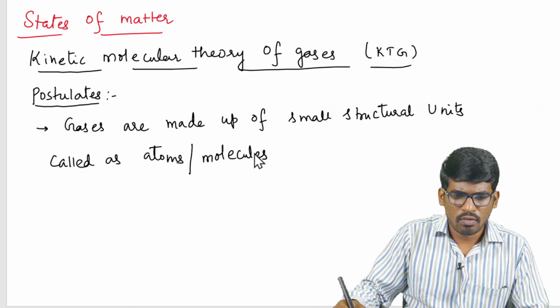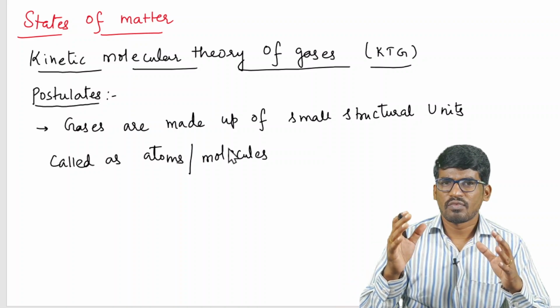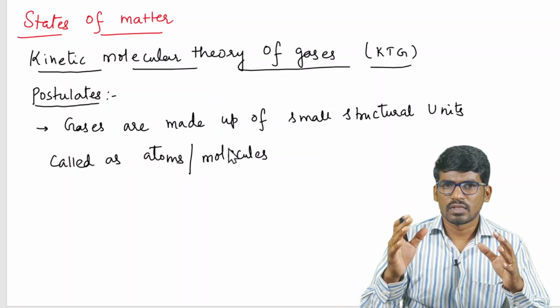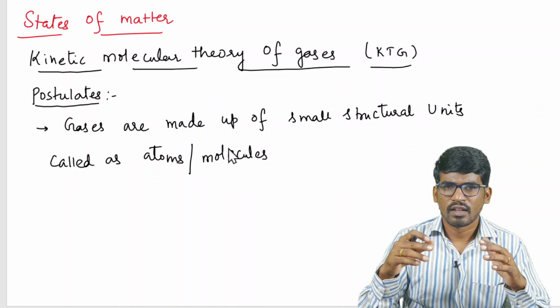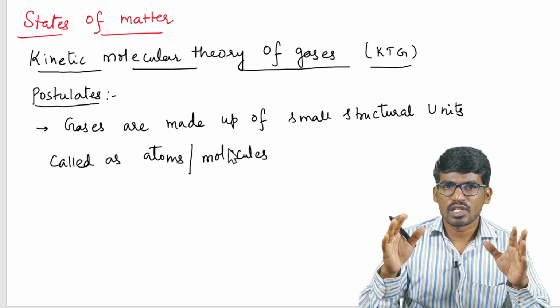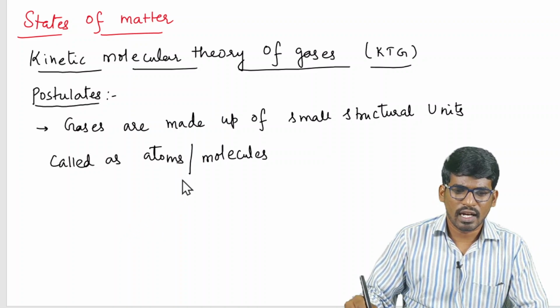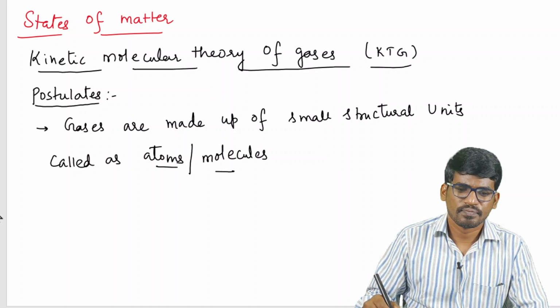Whatever system we are going to consider, that system might be a container or a vessel which is filled up with gas. The entire gaseous system is made up of small structural units. Those structural units are called atoms or molecules.